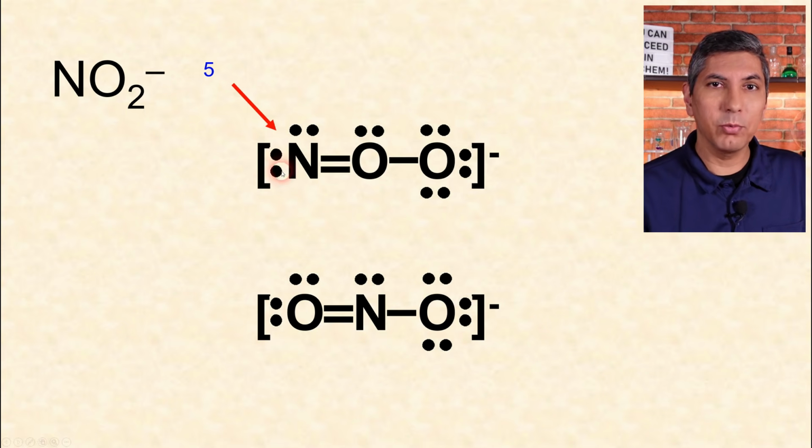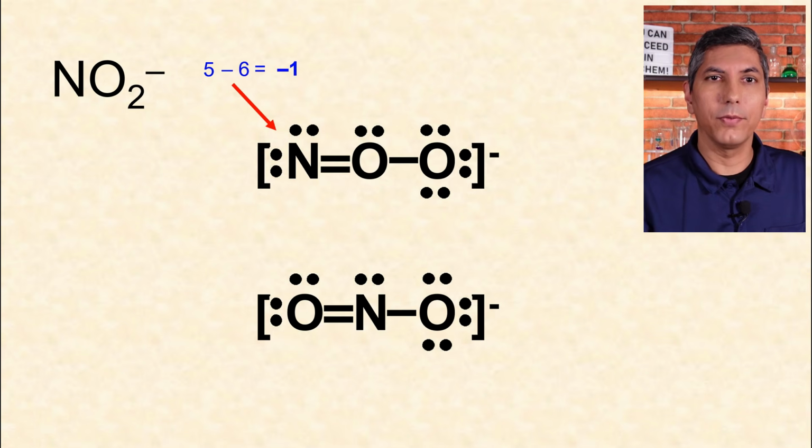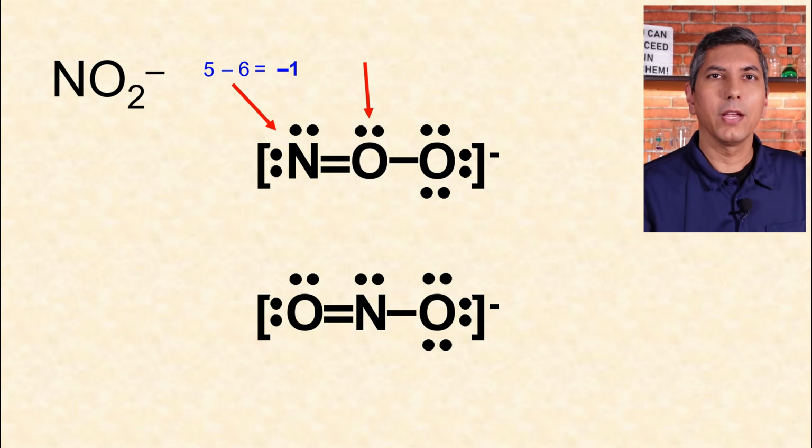So for this nitrogen, we have 1, 2, 3, 4, and the double bond counts as 2, so that's 5 and 6. So we subtract 6, and that's a formal charge of -1. We do the same thing for every other atom in the structure. This first oxygen brings 6 electrons according to the periodic table. And how many are assigned to it?